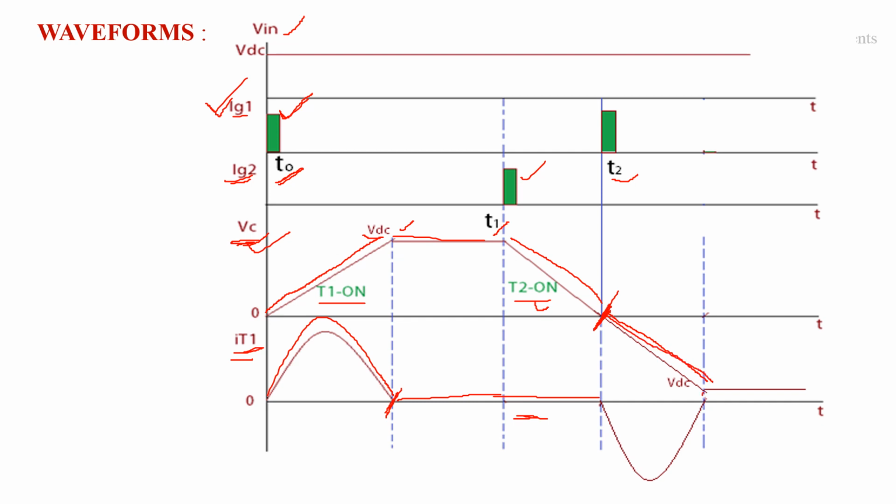Whenever the capacitor voltage reaches the voltage minus VDC, the current flowing through thyristor T1 comes to 0, and the same cycle repeats for the remaining intervals of time. These are the waveforms depending upon the above analysis.